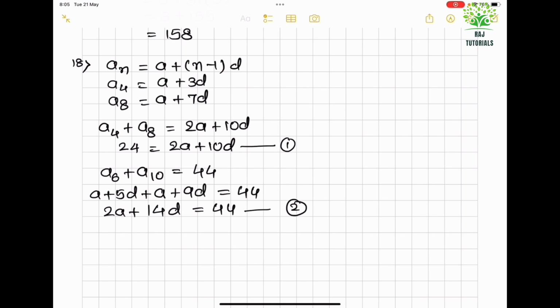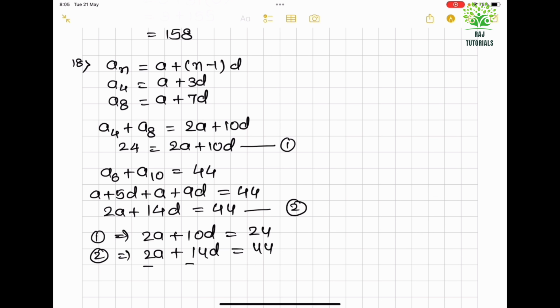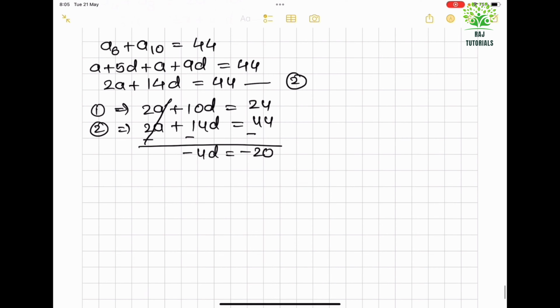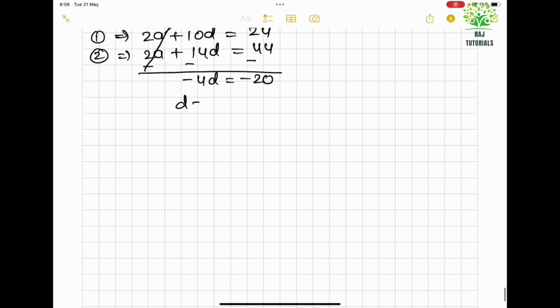Now from 1 and 2, if I subtract 2a plus 10d equal to 24, and second implies 2a plus 14d equal to 44. If I subtract them, 2a cancel, minus 4d equal to minus 20. So I will get d equal to 5, because minus minus both sides will get cancelled, and 20 divided by 4 is 5. So I got d equal to 5.